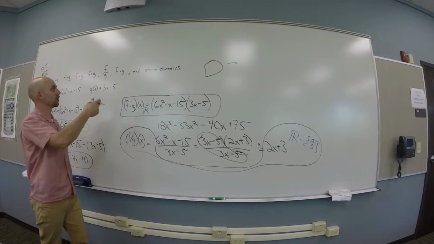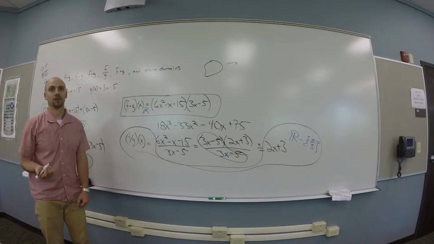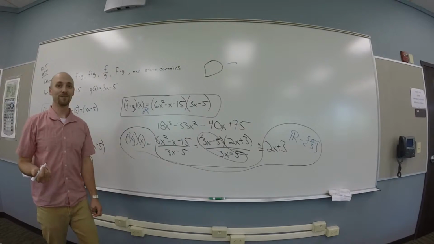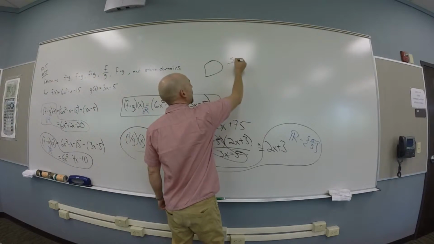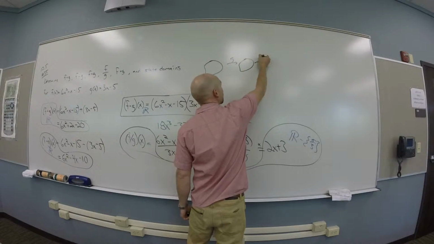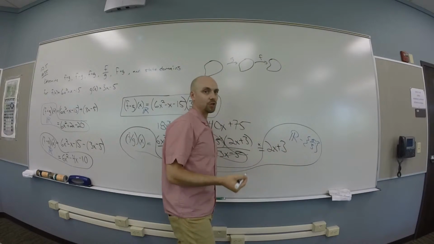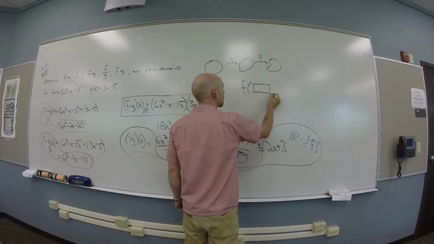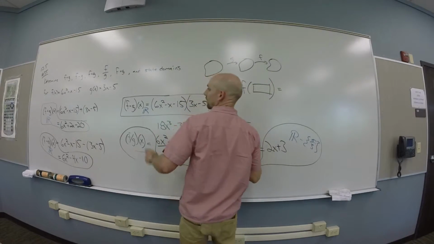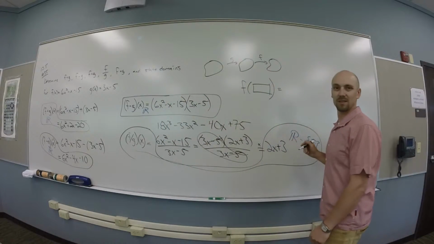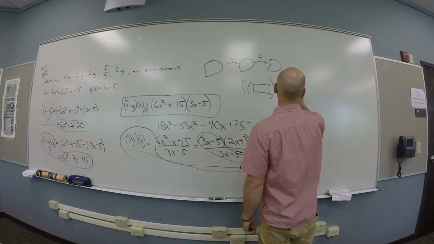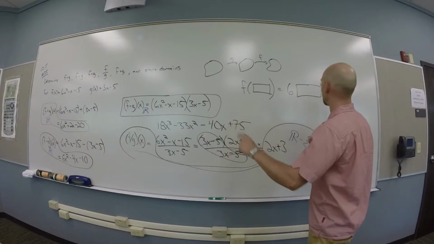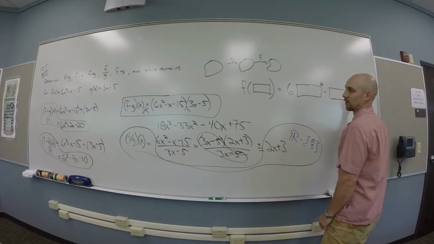Which one do you do first when you're doing f composed with g? You do g first, and then feed the result to f. So f is the rule on the outside. You write f down with boxes: 6 times box squared minus box minus 15.